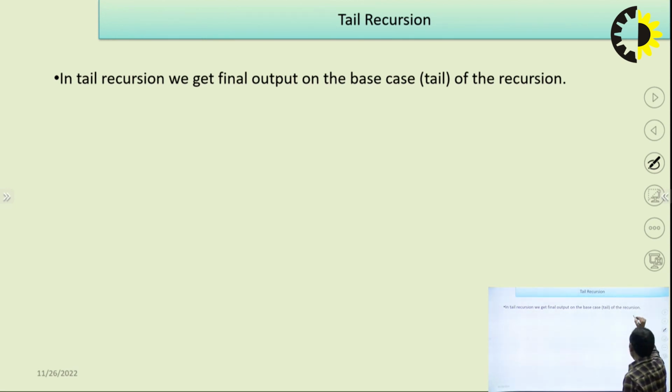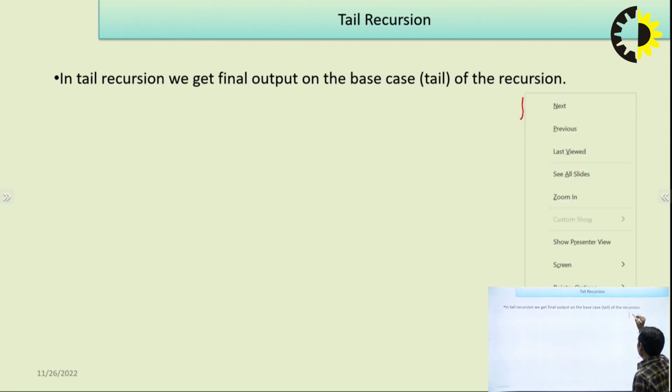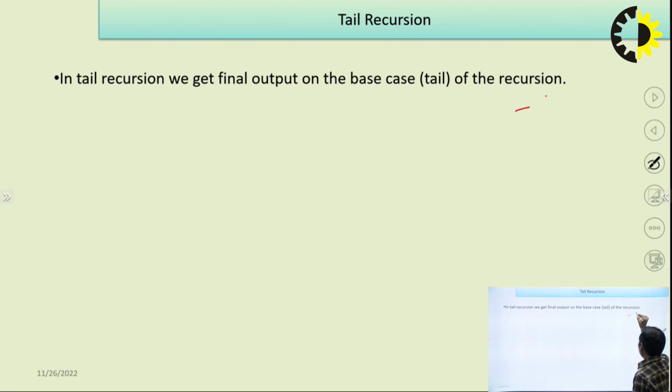We call from here. If we call any value, fact 4, this will call fact 3, this will call fact 2, this will call fact 1, and this will call fact 0. This is our base case.